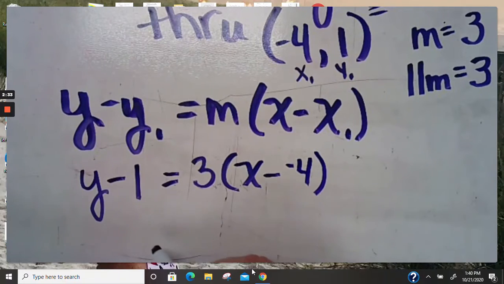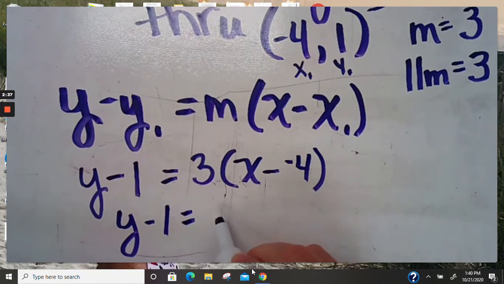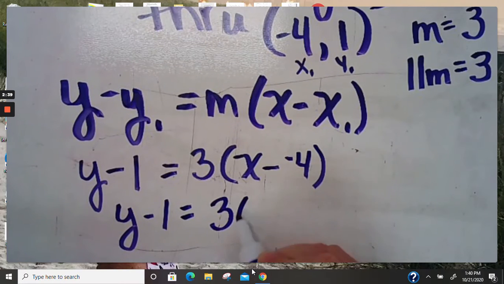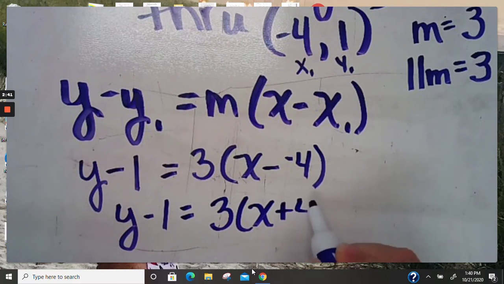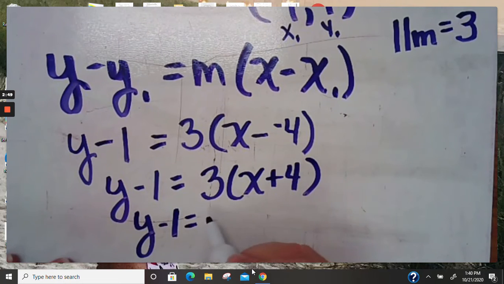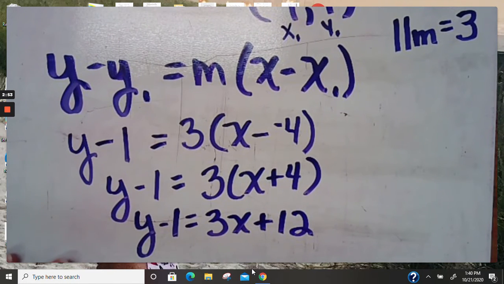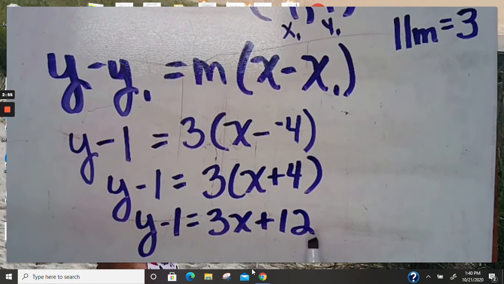Simplifying, that's y minus 1 equals 3 times x plus 4. Then I'm going to do the distributive property: y minus 1 equals 3x plus 12. And then I want to add 1 to both sides to make this y equals.